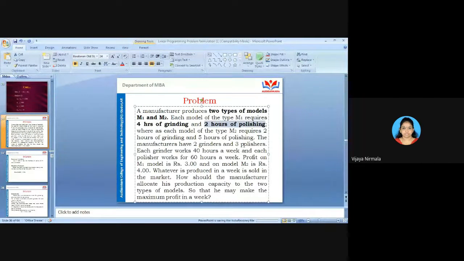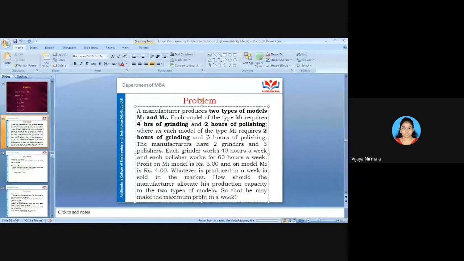For making the M1 model, it takes time. They have given you the time, that is 4 hours for grinding and 2 hours for polishing. That is for M1. Whereas the other type, M2, requires 2 hours of grinding and 5 hours of polishing.